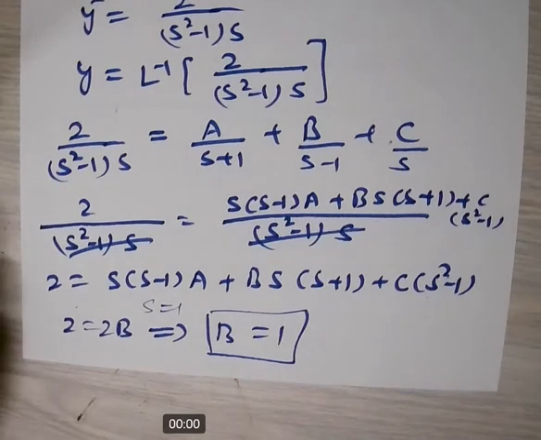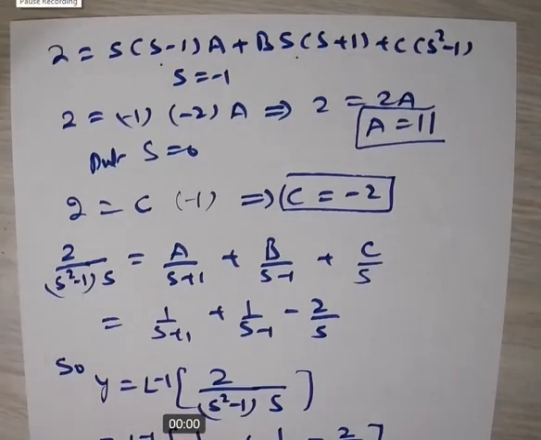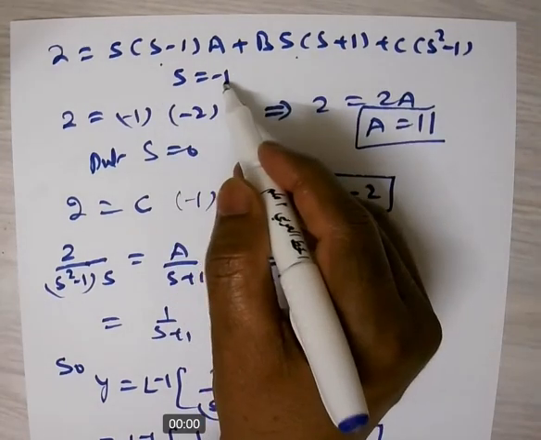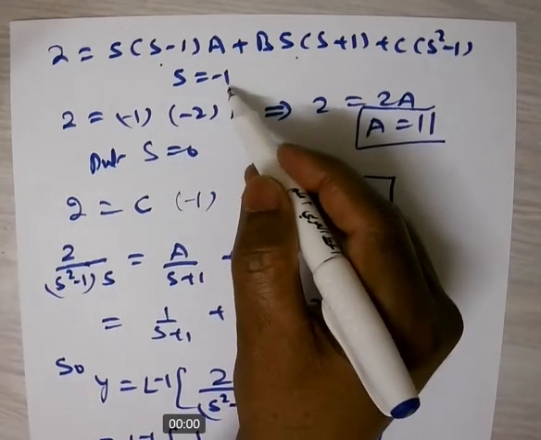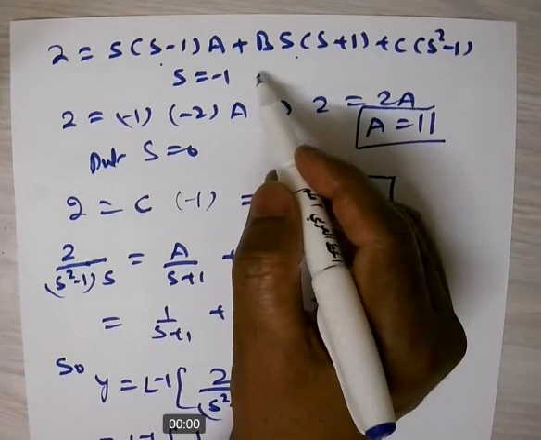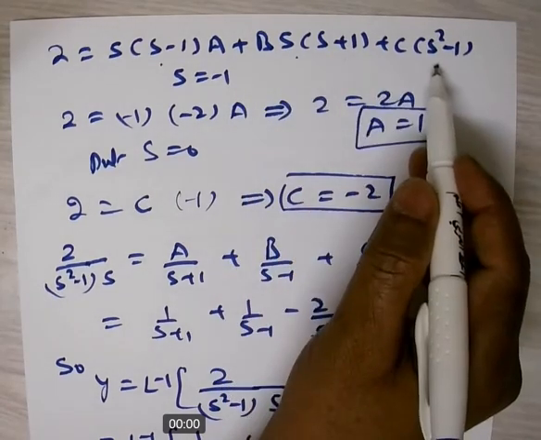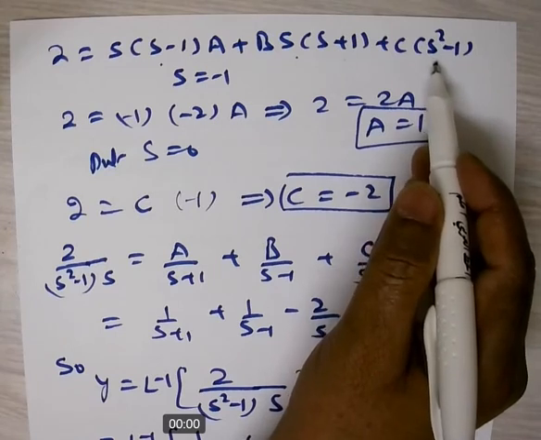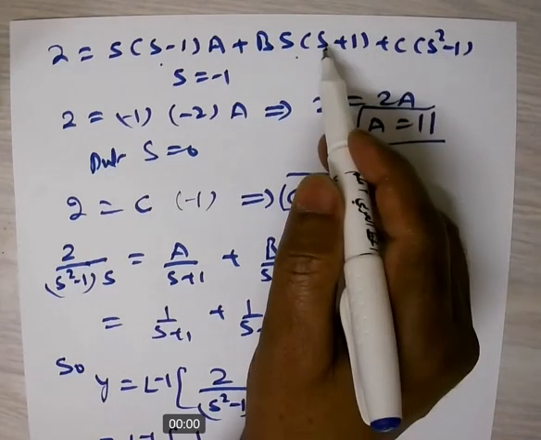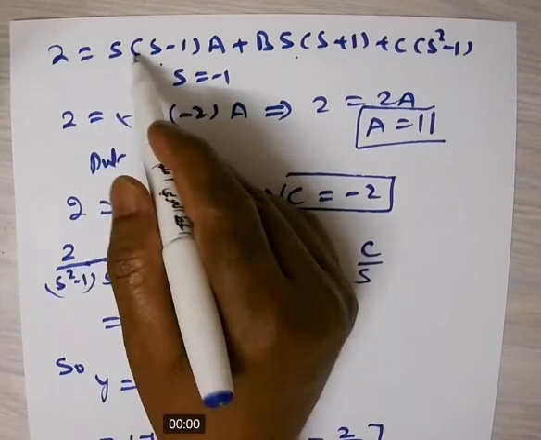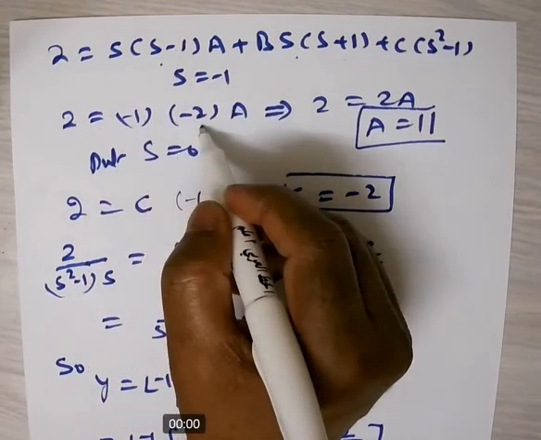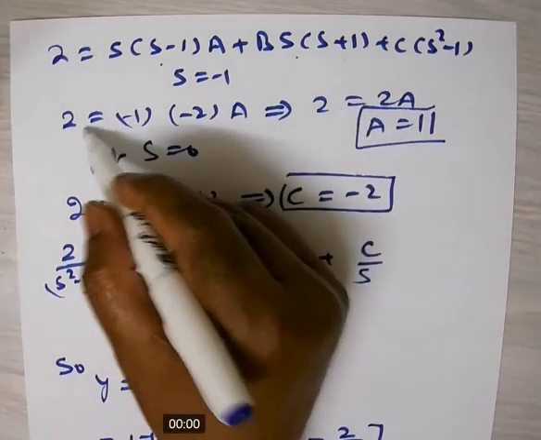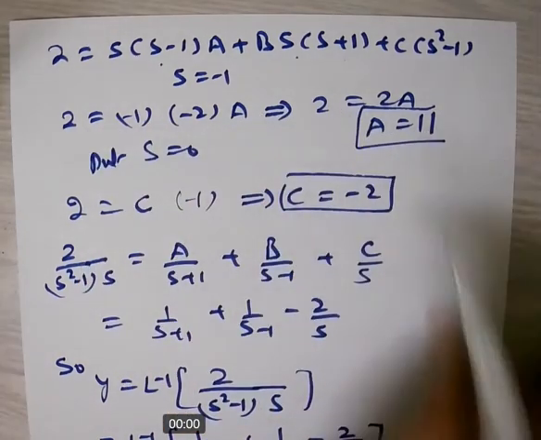Now if you replace s is equal to minus 1, this becomes 0 and this becomes 0, because these include s plus 1 and s minus 1. So 2 equals minus 1 into minus 2 into a, so 2 is equal to 2a, therefore a is equal to 1.